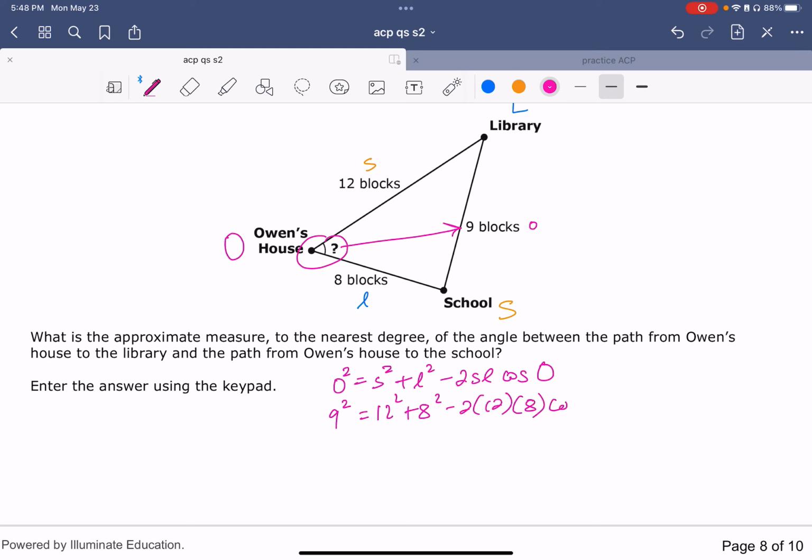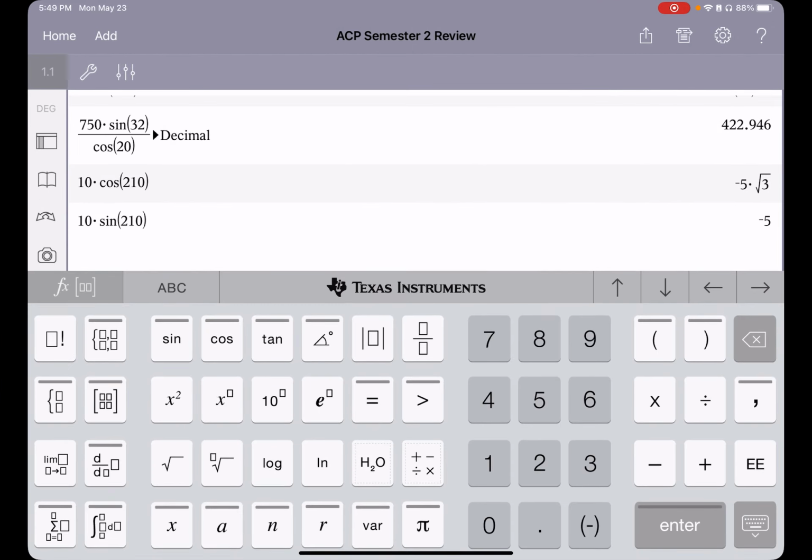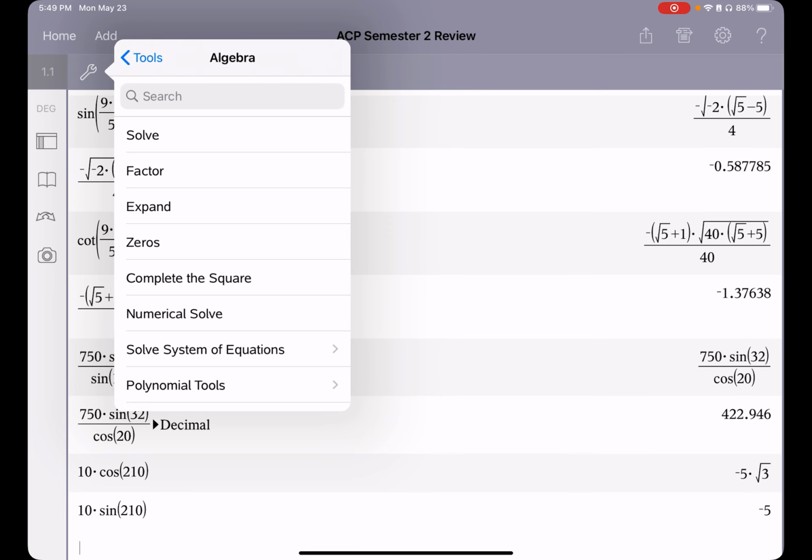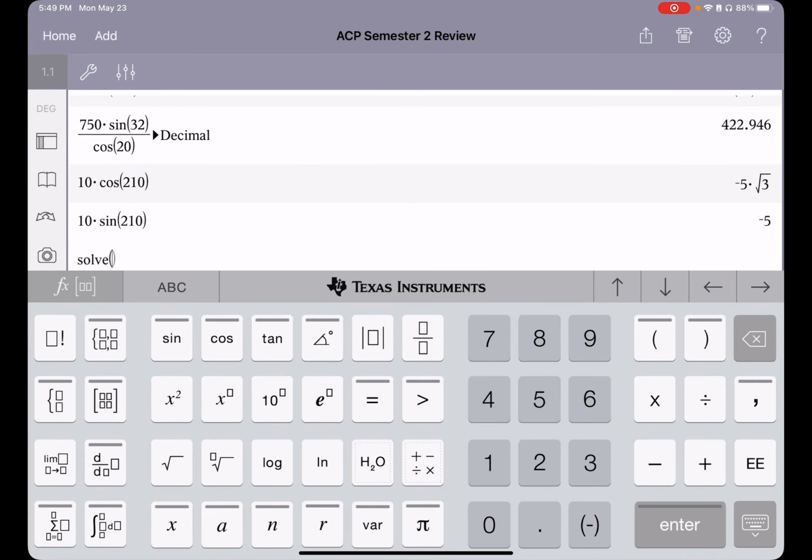times 8 cosine O. For the law of cosines, it's very helpful to just put this straight into NSolve, because if you don't use NSolve, then you have to simplify everything individually, then you have to subtract, then you got to divide, then you got to do the inverse, and there's a lot of room for mistakes. So on your calculator, do menu, and then algebra, and then you're going to do NSolve, so the first one.